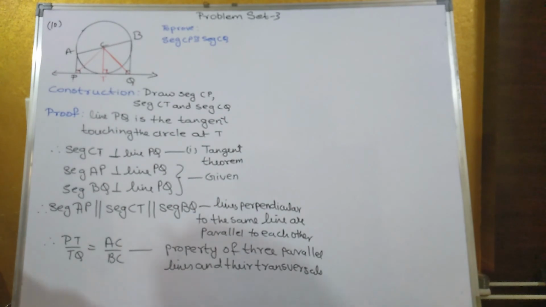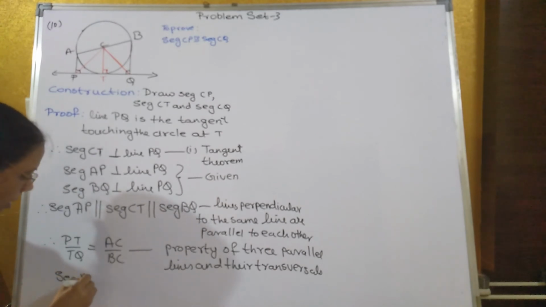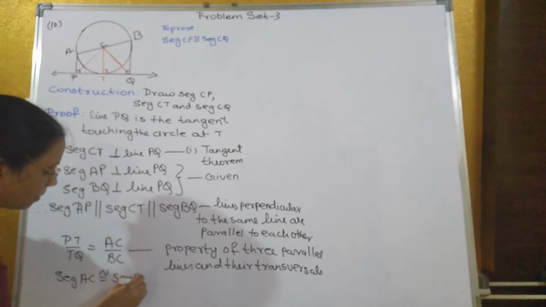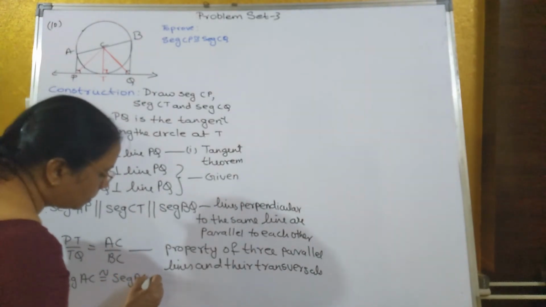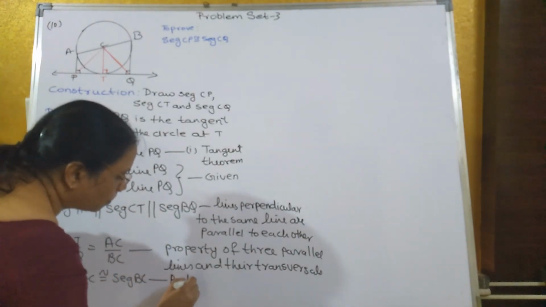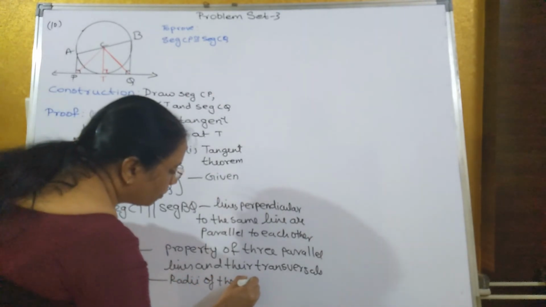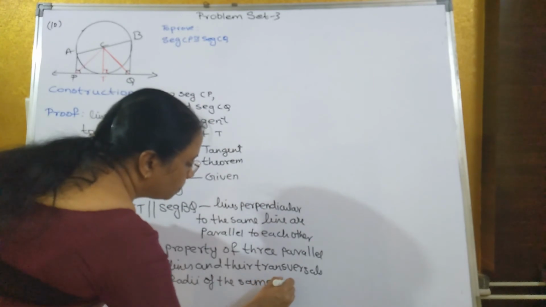Now seg AC is congruent to seg BC. Why? They are radii of the same circle.